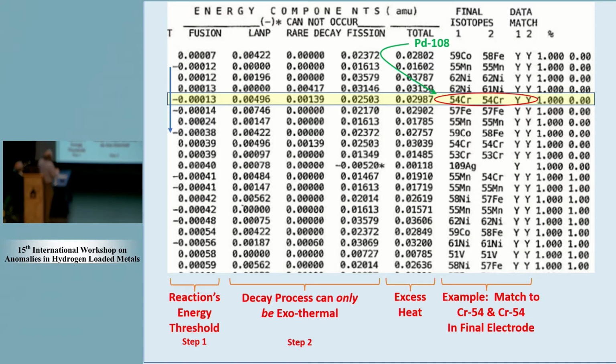Then I run the model and determine the energy change due to the least action nuclear decay, rare decay, fission. I list the total, the products of the reaction. So in this particular case, we've got palladium 108 going to 2 54 chromiums.